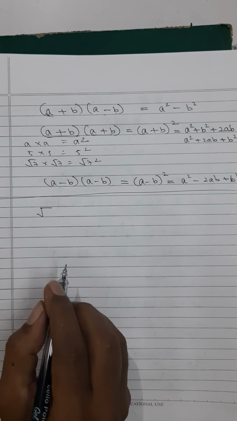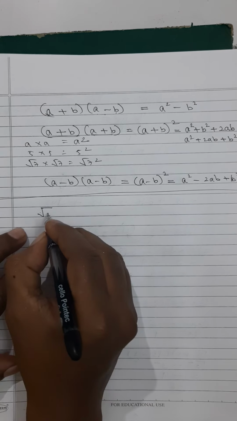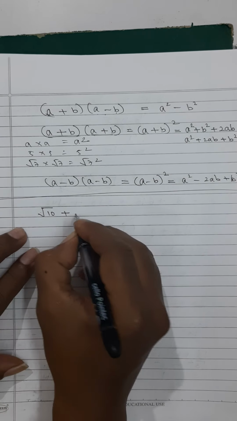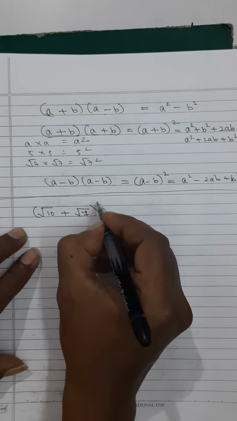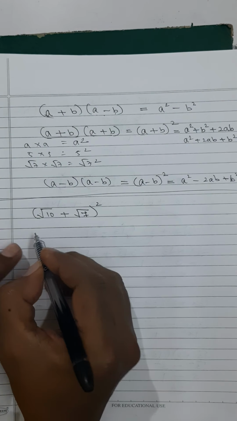Root, if supposing I have got root 10 plus root 7 the whole square. Pay attention my dear students. Root 10 plus root 7 the whole square. So this basically is what?